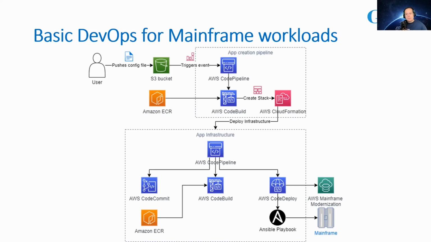So they don't need to worry about what's the setup needed for the CodeCommit or for the pipeline. Everything will be ready. You would be able to replicate this infrastructure with other application teams in your environment, as many times as you want, and they will always have what they need.